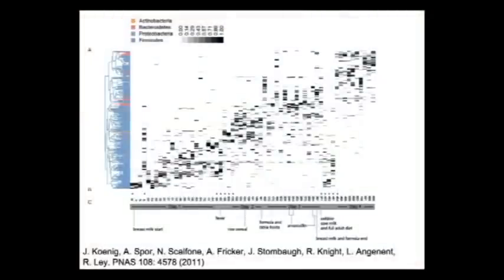So you're looking at the abundance of different taxa across the samples, and you have an early set of species here, and then there's a slow succession over time where these different assemblages succeed each other.